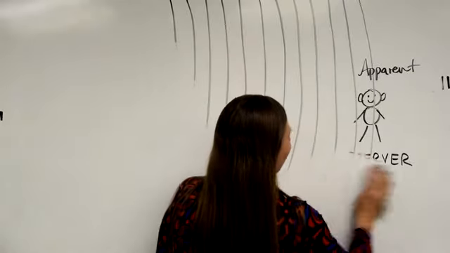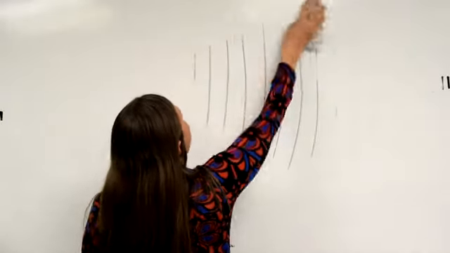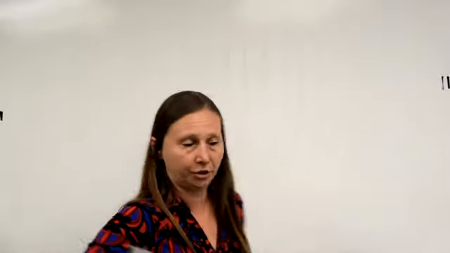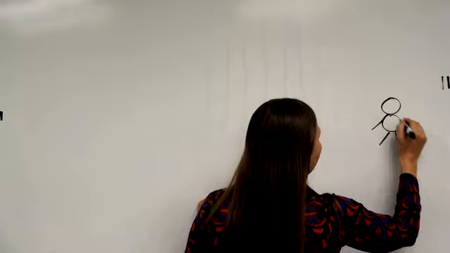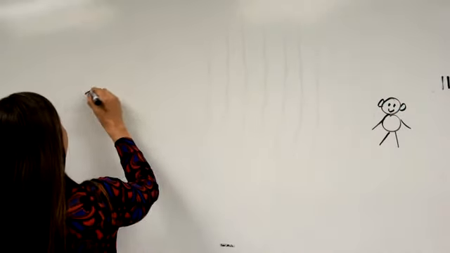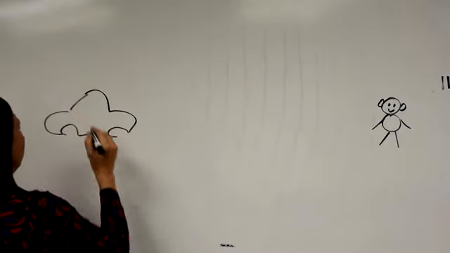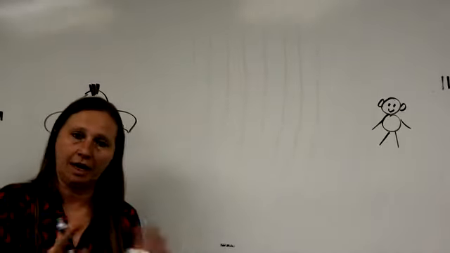Now, what if, instead of moving toward the person, the police car is moving away from the person? Here's the person standing on the sidewalk. He's got his eyes and he's got his ears. And the police car is still giving off the sound at the same pitch.